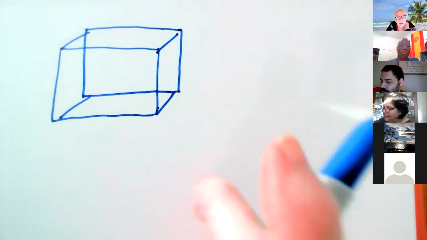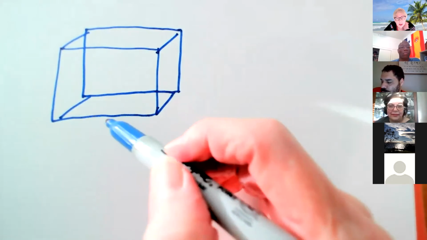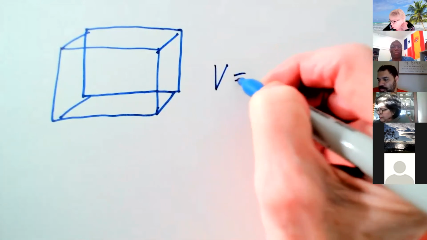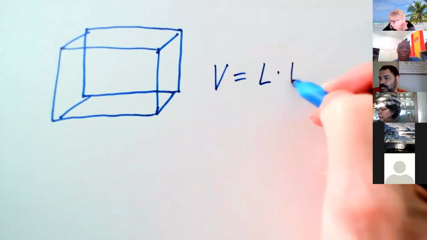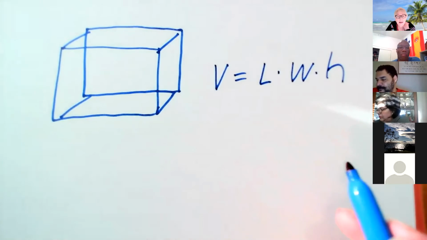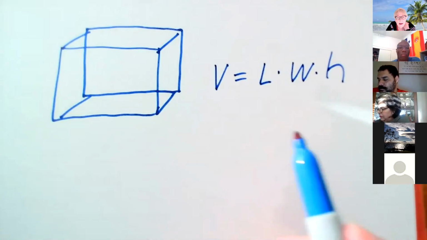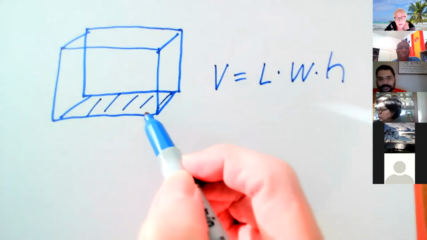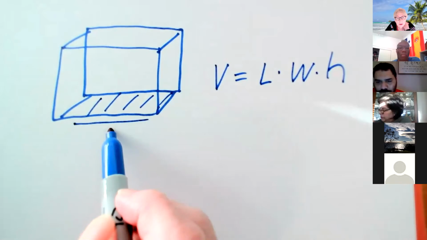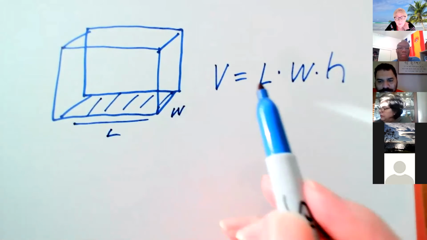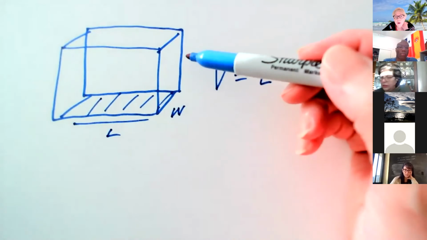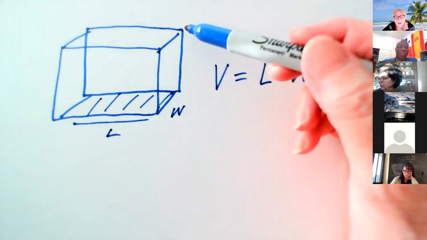This is three-dimensional. There's a length and a width and a height. And the formula is just the three things: length times width times height. What I want you to see is down here on the bottom was the length and the width, and then they made this the height.